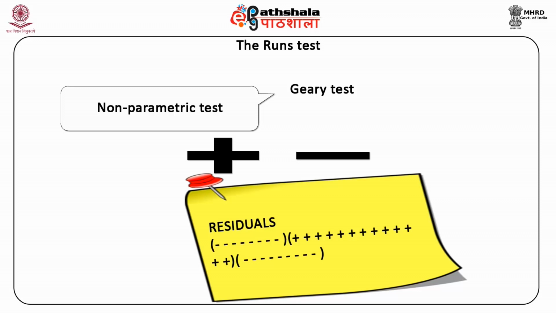When we observe that a positive residual is followed by a positive residual for a large number of periods, and similarly, a negative residual is followed by a negative residual for a large number of periods, then we say that we are observing few but long runs. Positive autocorrelation is said to be present in such a scenario. On the other hand, if runs are short and change quickly, then we can say that negative autocorrelation is present.